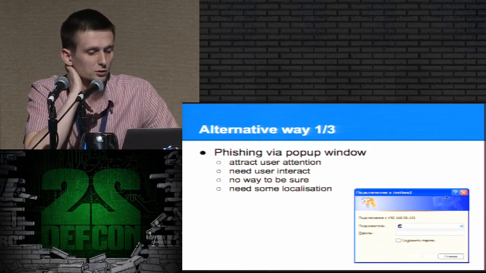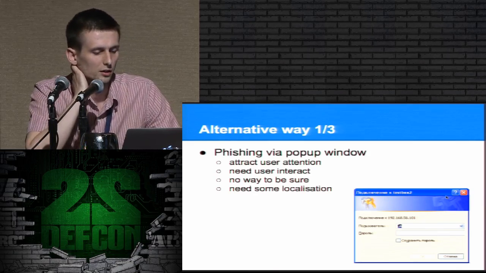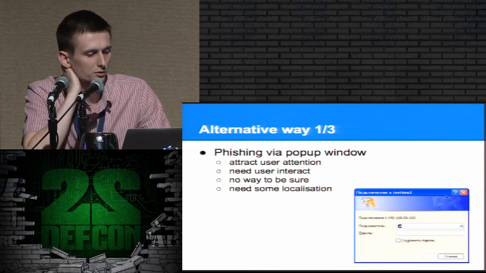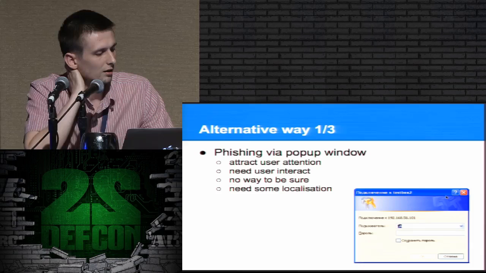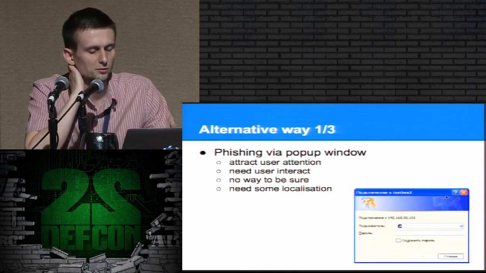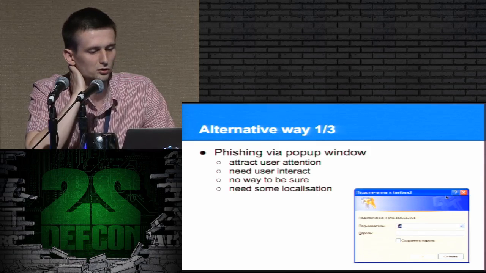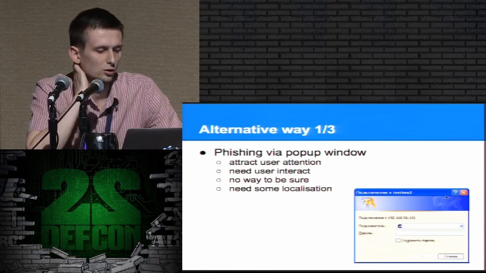Just imagine you're exploiting computers somewhere in Russia or China, you couldn't pop up a window with the correct letters, so a native speaker will notice the wrong letters, will not be tricked, and will not enter his password in that window, so you'll fail.